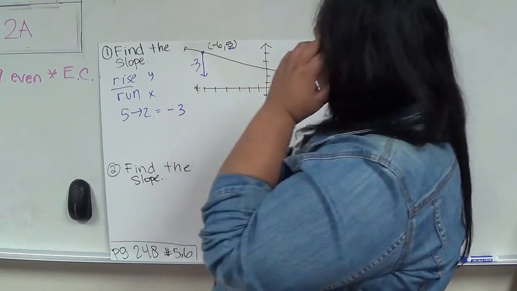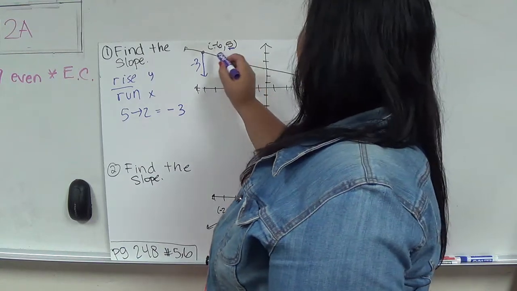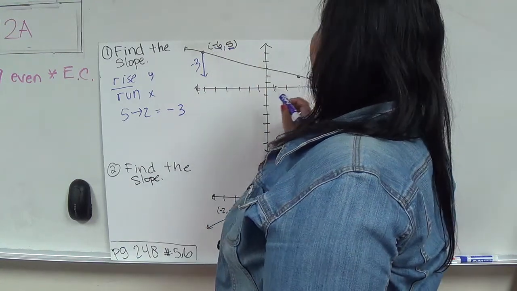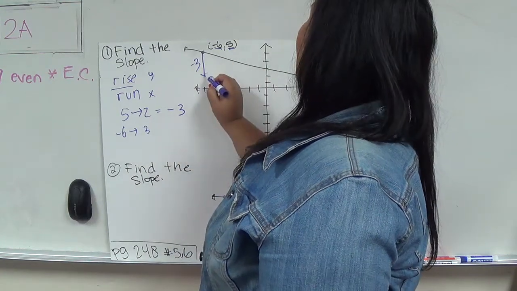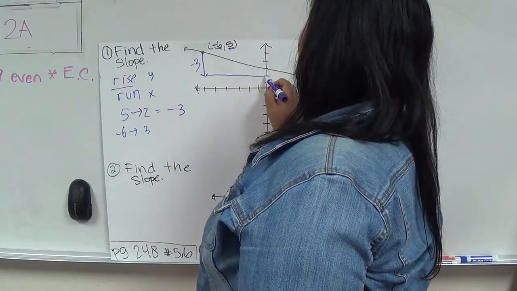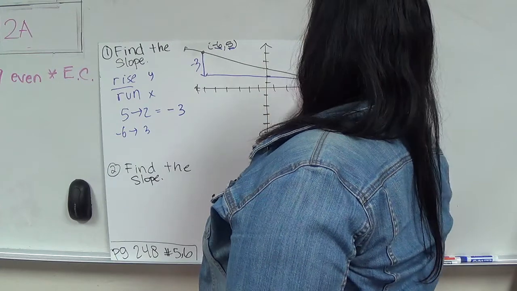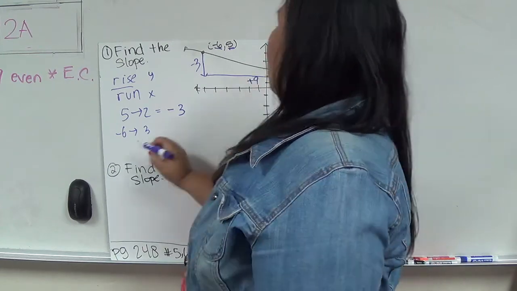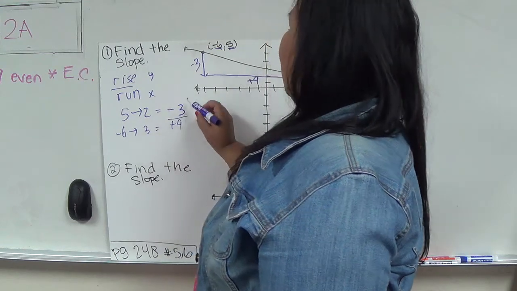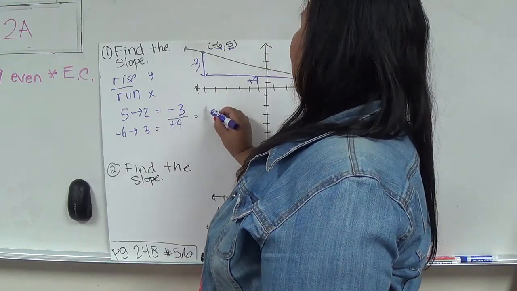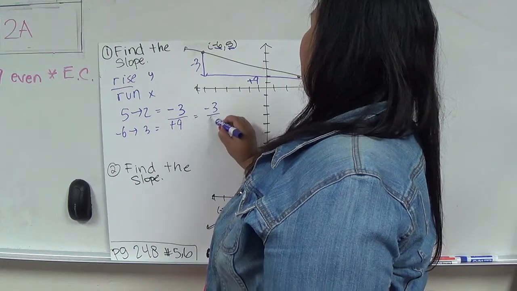Okay? Now I'm moving from -6 to +3. That is, if I'm going from -6 to +3, that means I'm already going 6 by the time I get here, and then plus 3 more is 9. So I'm adding 9. So then this is +9. So if I have a -3 over 9, I have -3 over +9.